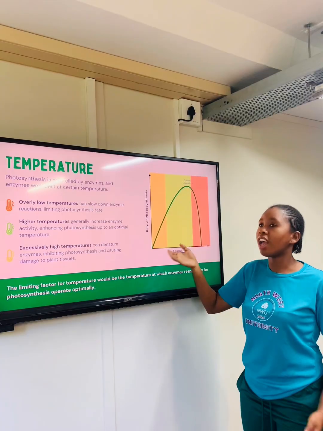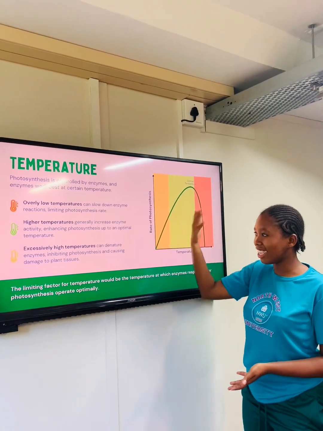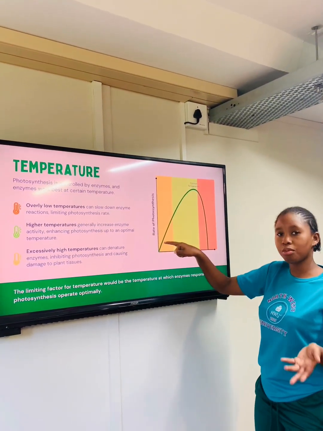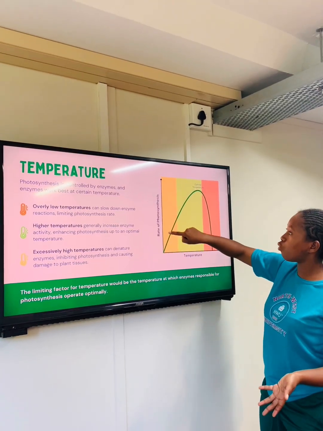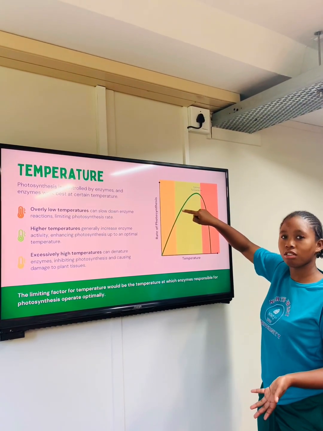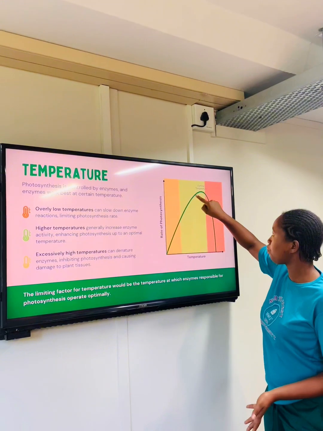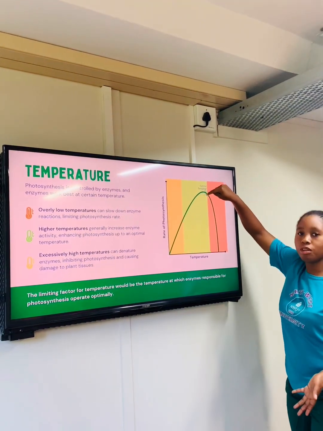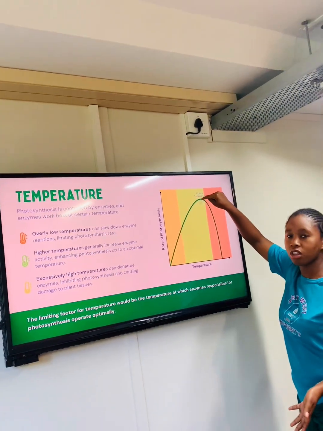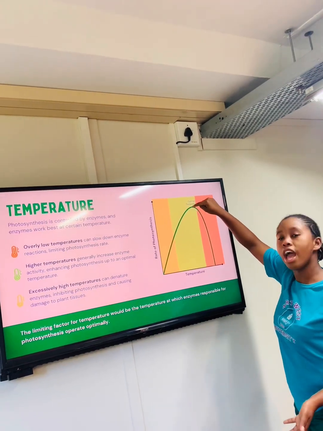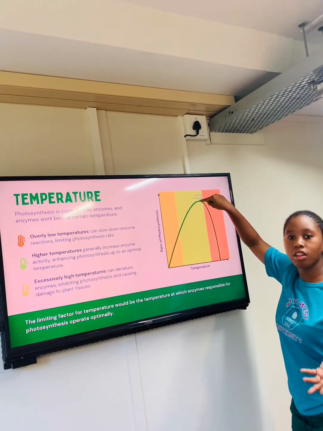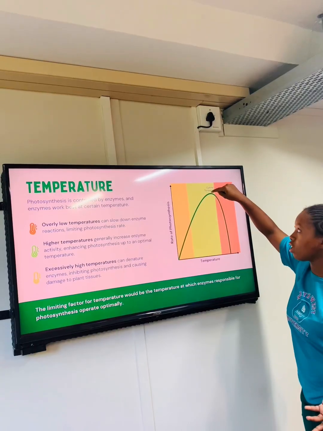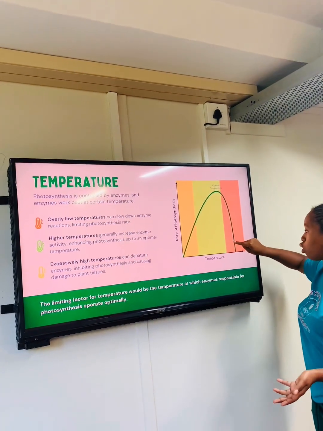As temperature increases, the enzymes become active and the rate of photosynthesis becomes faster. When it goes beyond the optimum temperature of 25 degrees Celsius, enzymes denature, meaning the enzymes are damaged, leading to a decrease in photosynthesis.